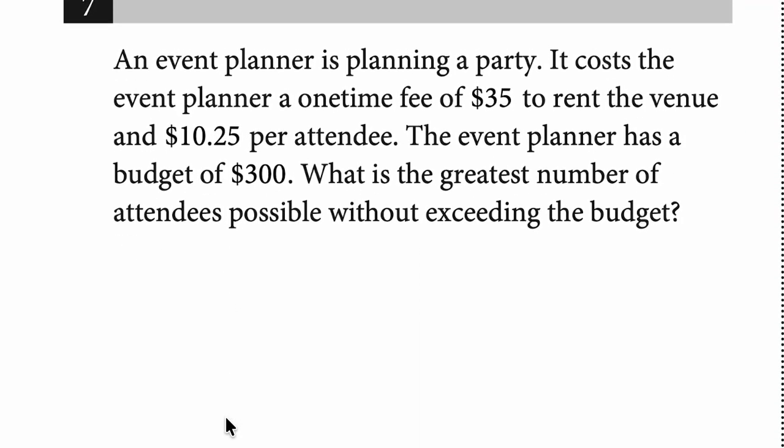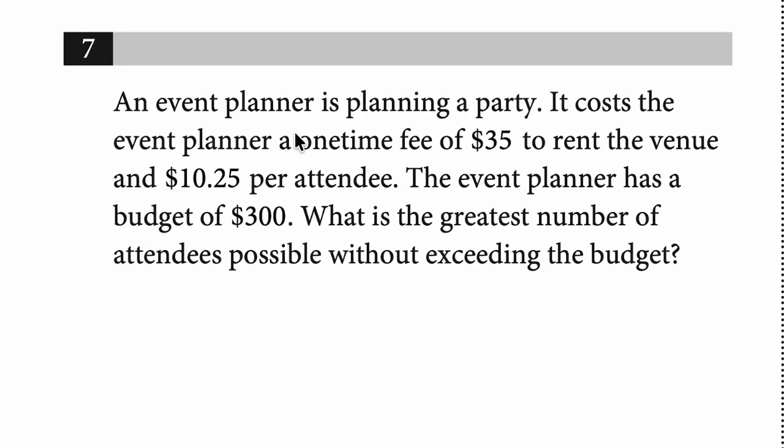Let's come to question number 7. An event planner is planning a party. It costs the event planner a one-time fee of $35 to rent the venue and $10.25 per attendee. Again, it's a question of linear equation. If we write the linear equation y is equal to mx plus b, then this b is the initial cost or initial value, whatever it is, when input is 0.